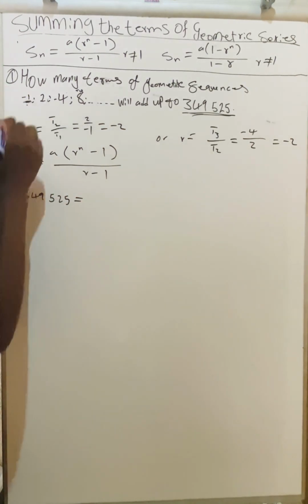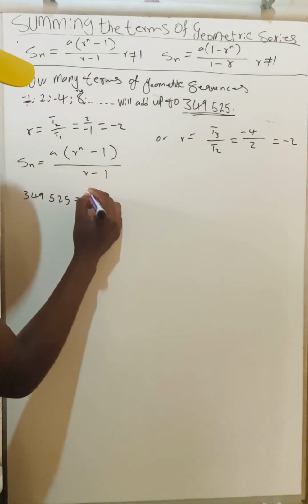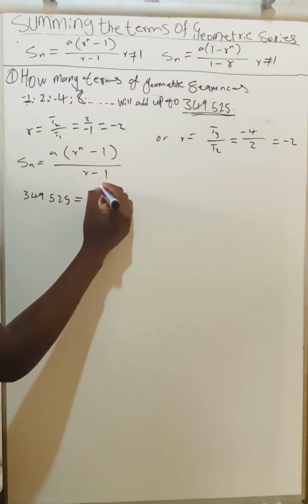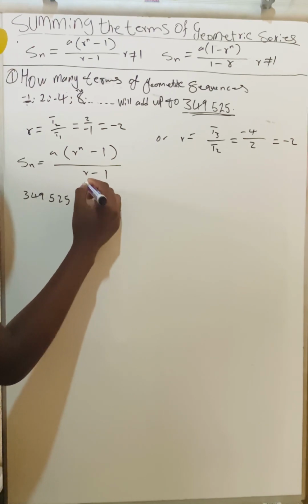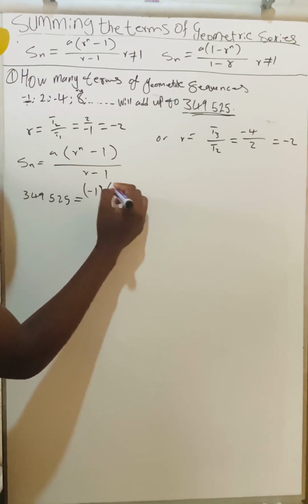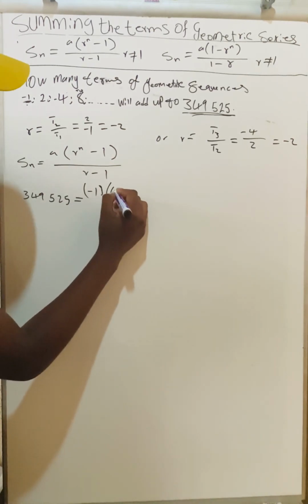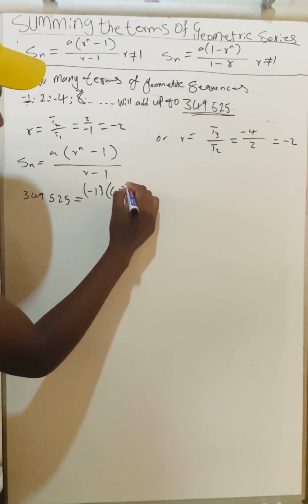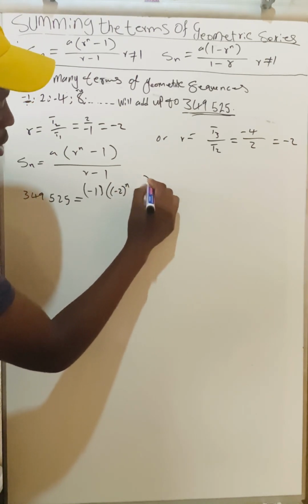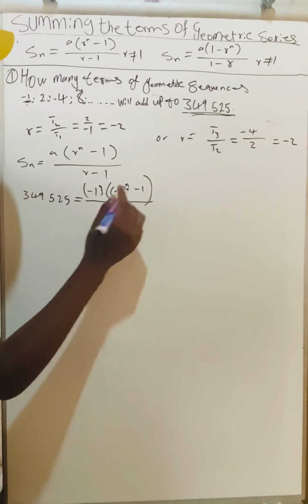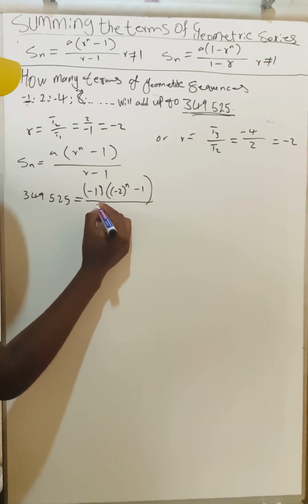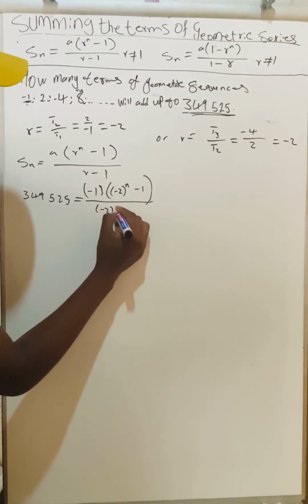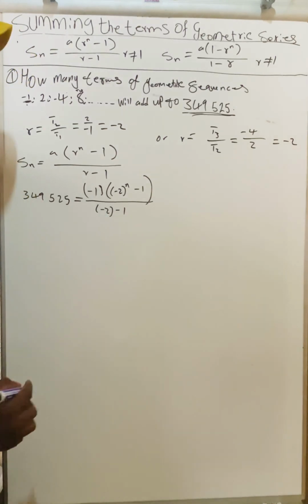It is the first term, negative 1. You can write it in brackets, it's up to you. Then r is negative 2, to the power n minus 1, close the brackets, divided by r minus 1, which is negative 2 minus 1.